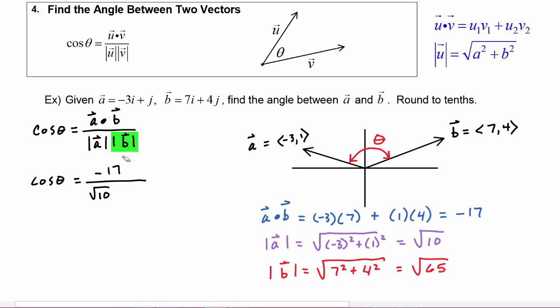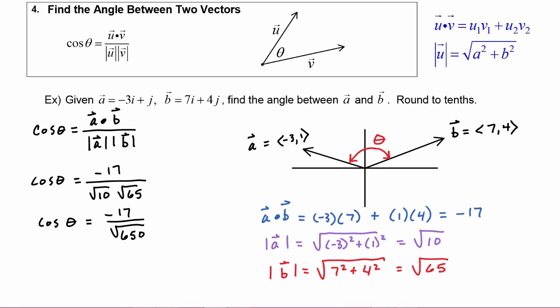So we come back to our equation and we can fill in magnitude of vector B is radical 65. So now we have cosine of theta is equal to negative 17 divided by the square root of 650.